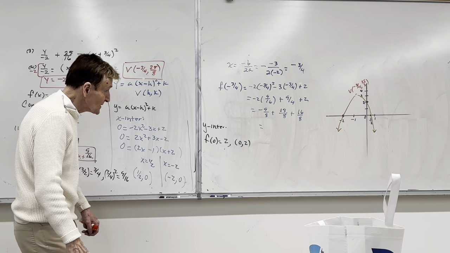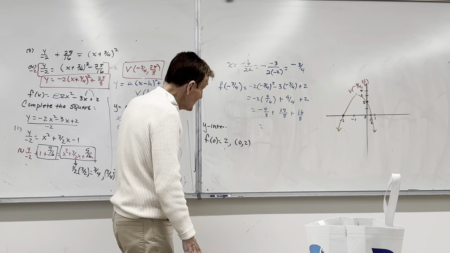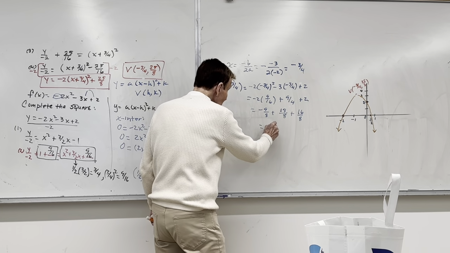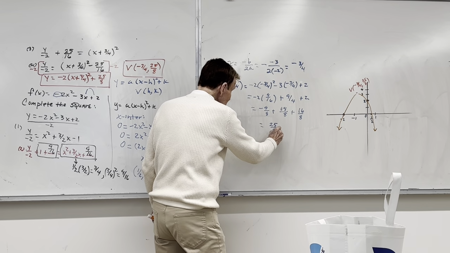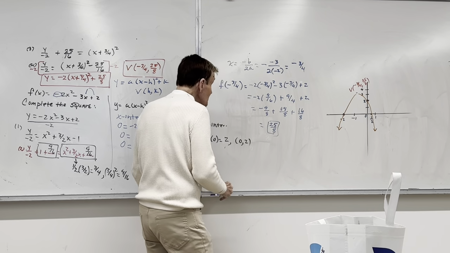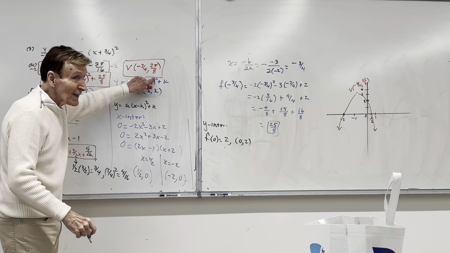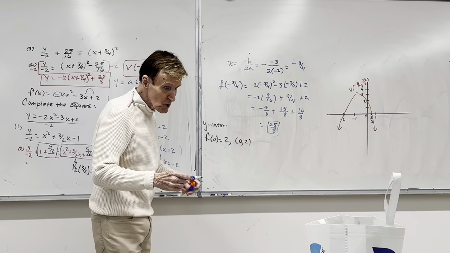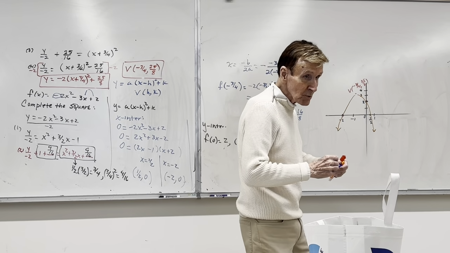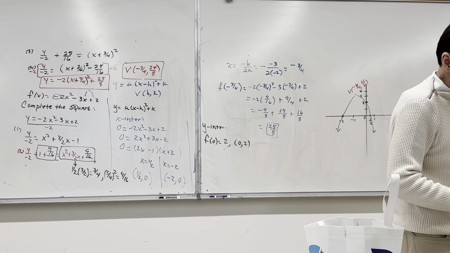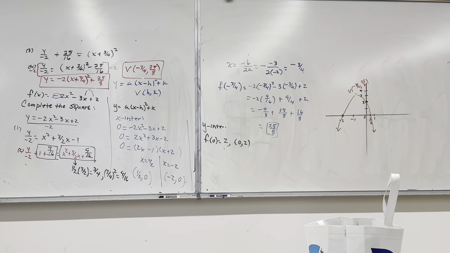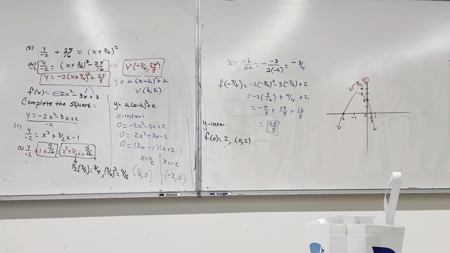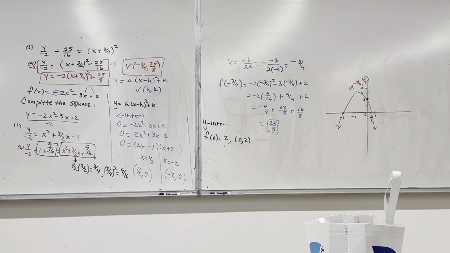Put all that together on top, numerators, I see 9 plus 16 is 25 over 8. Does that agree with that? So that would be a way to check this. Is that true? Now, I think that's enough to get a good recap, and hopefully you guys get back into where we were.